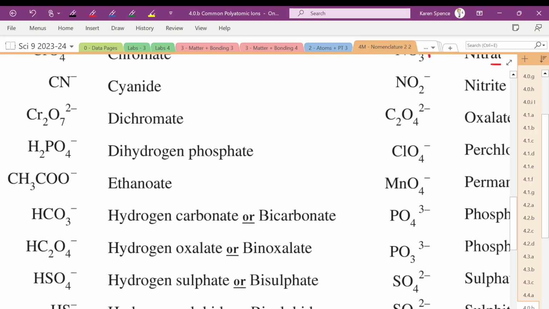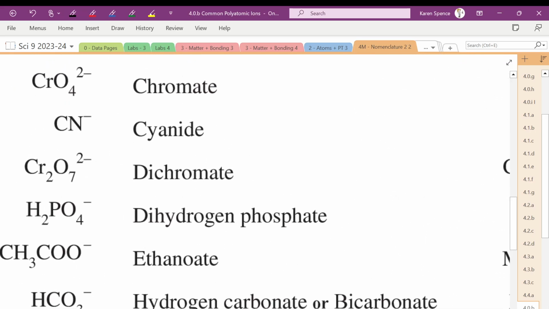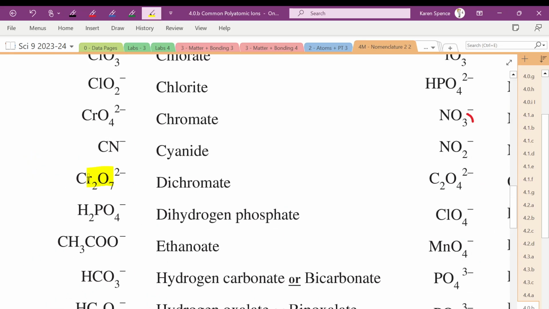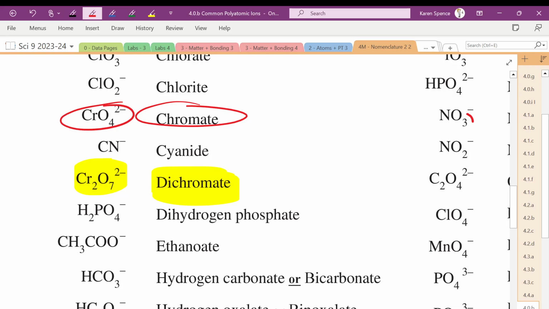We look under D. Dichromate is not two chromates. That's chromate. Yes, this is dichromate, and there's only one of them. So don't try and make it two chromates.